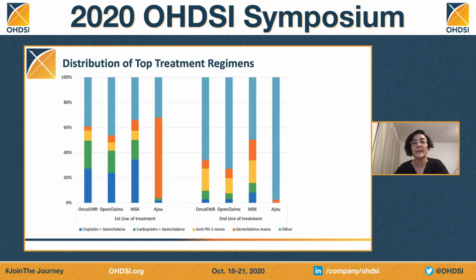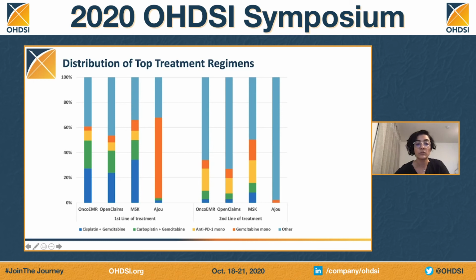We were able to identify up to 16 distinct treatment regimens in the metastatic setting across data sources. Here, I'm only showing you the distribution of the top treatment regimens in the first and second line settings, and only those data sources that have enough information to characterize specific treatment regimens.